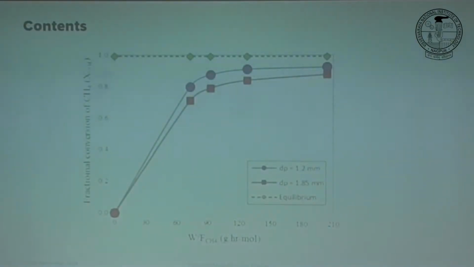Now the reaction is also enhanced using catalyst. So once again, I will not go into detail. Of course, we will be spending a whole day on this. But this is the space velocity of the catalyst. So weight of catalyst divided by flow rate of the reactants. So more catalyst you put in, more conversion you have, right? But here you could see at a certain point the conversion doesn't increase so much, right?